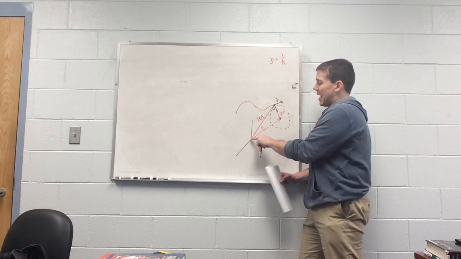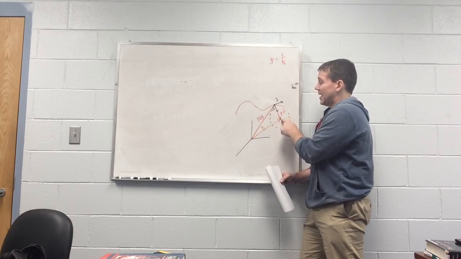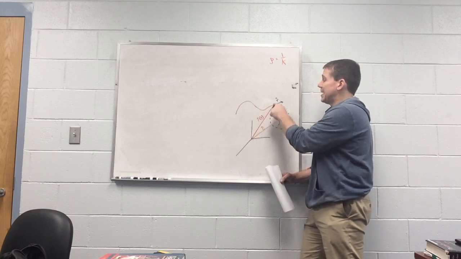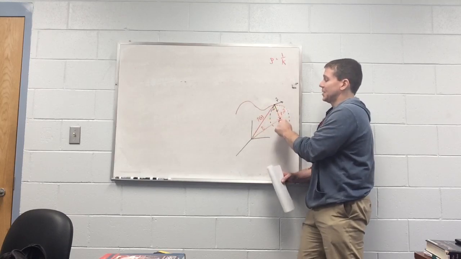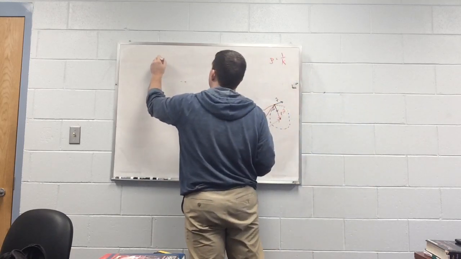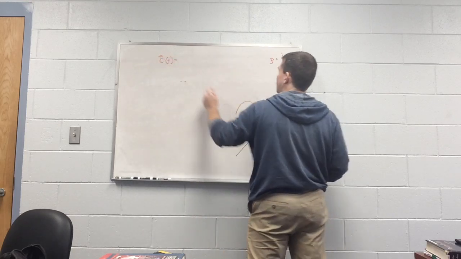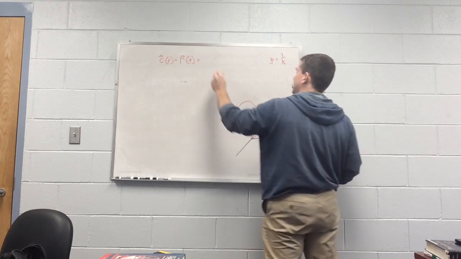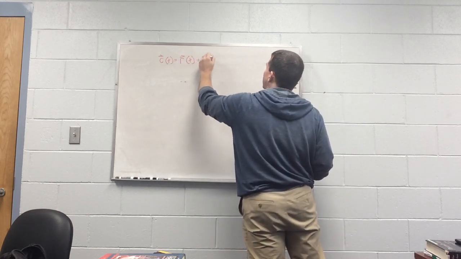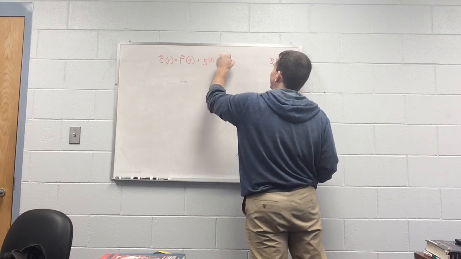But here, I can draw another vector from the origin to the center of the circle, and now I understand graphically that this vector right here is the sum of these two vectors, so then I immediately get that C of t is equal to r of t plus rho of t dotted with n of t.